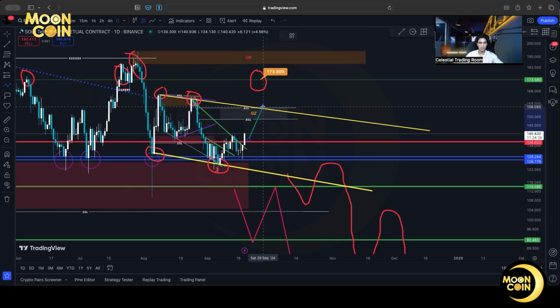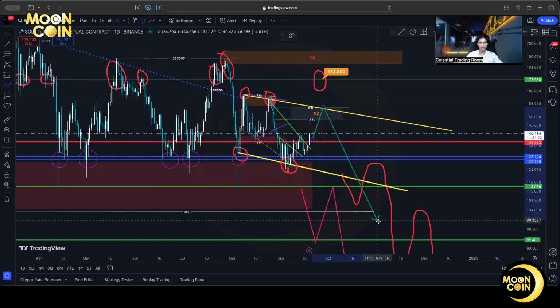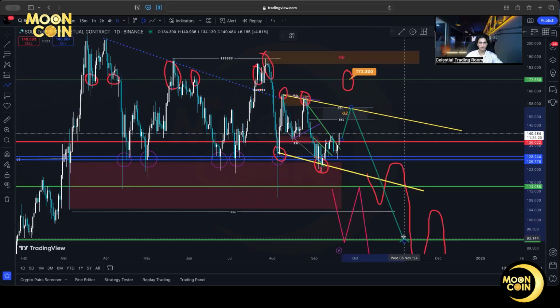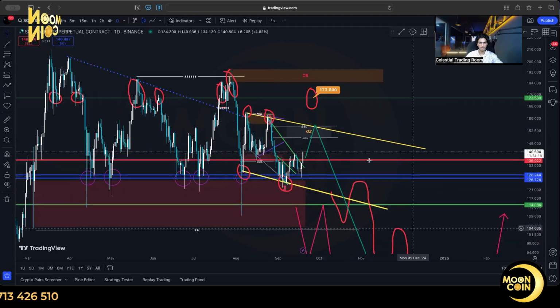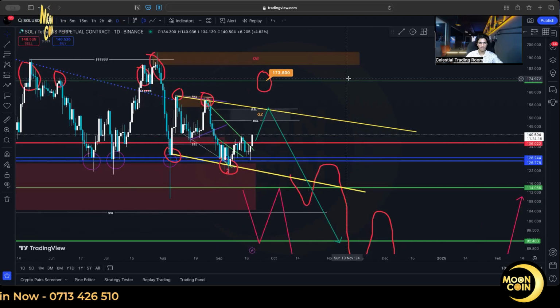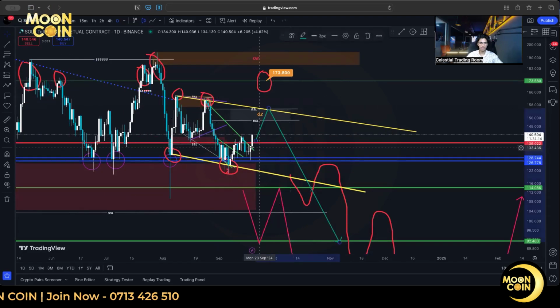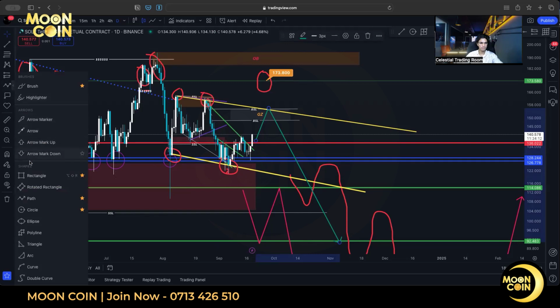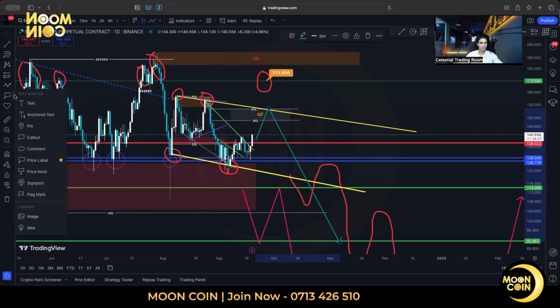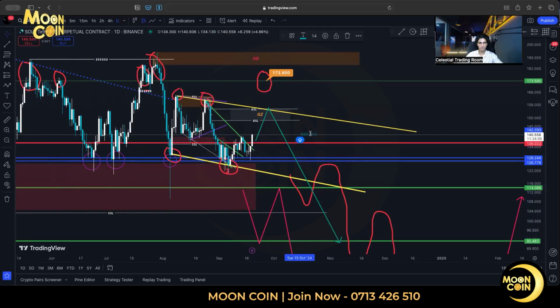If it was able to move this much, then it's a very big move. So we can expect the market to bounce from here and then go down and lower. Okay, this is the first scenario that I expected.